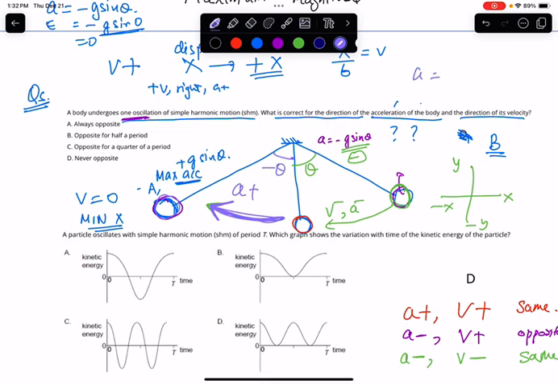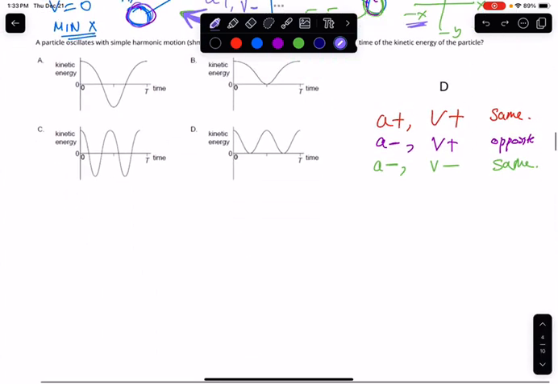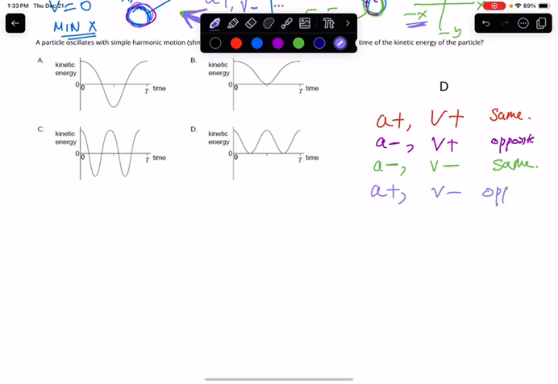We know that the acceleration is negative g sine of theta, and because theta is negative, this is negative g sine of negative theta, which is positive g sine theta, right? So the acceleration becomes positive, but the velocity is negative because you're going in the negative x direction, towards the left, okay? So in the light purple region, the acceleration is positive but the velocity is negative, so this is opposite.